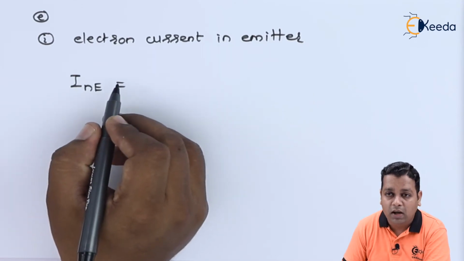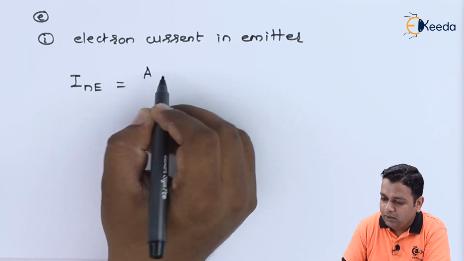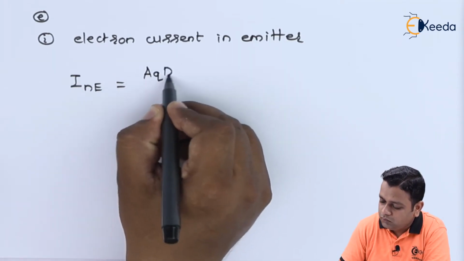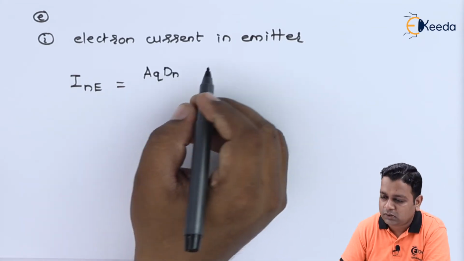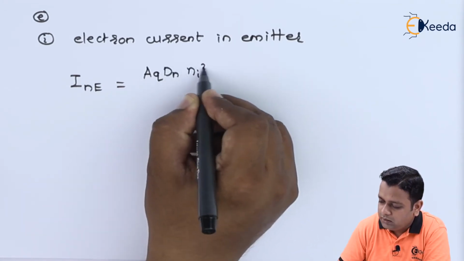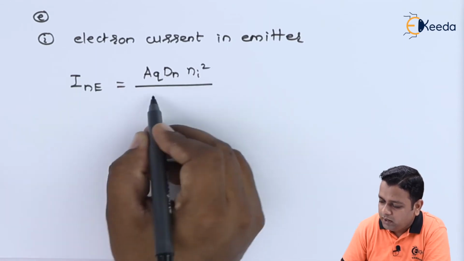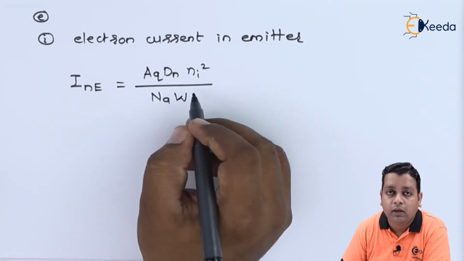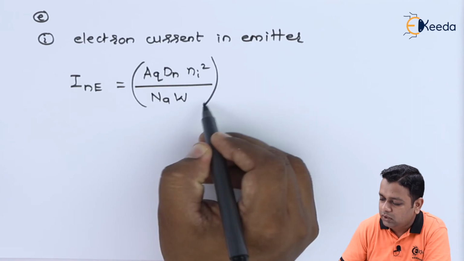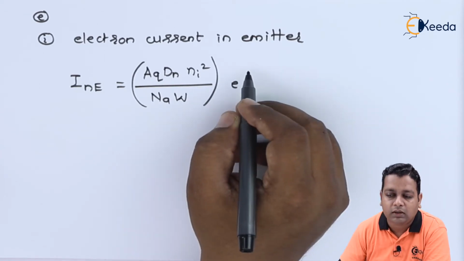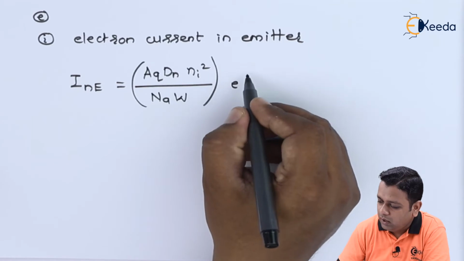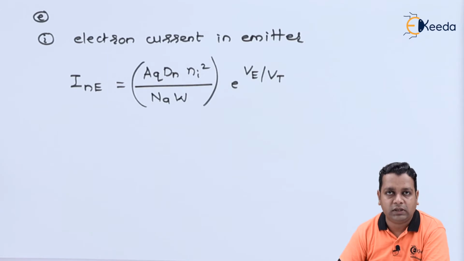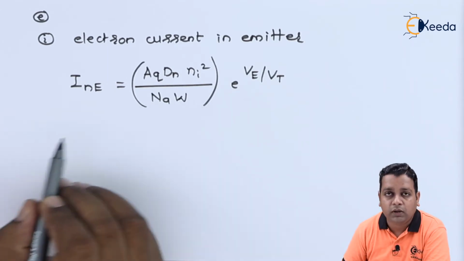So this is determined by a formula: capital A in multiplication to the electronic charge Q into capital D suffix N, the diffusion coefficient, into the square of the intrinsic concentration, divided by the impurity concentration Na into the width W, and this whole ratio is in multiplication to the exponent, e to the power capital V suffix E divided by capital V suffix T. So from the formula, we have all the values.